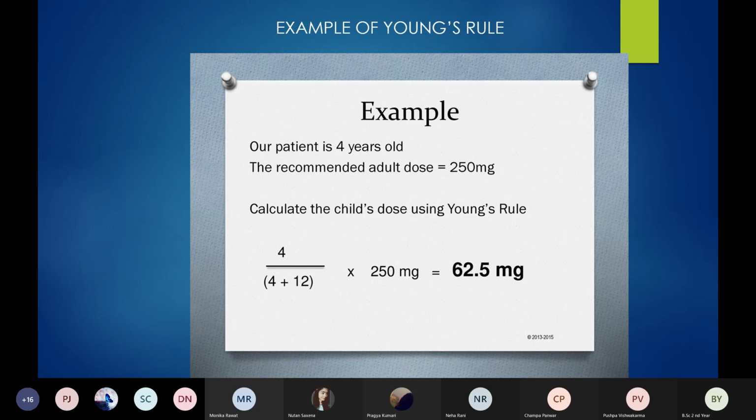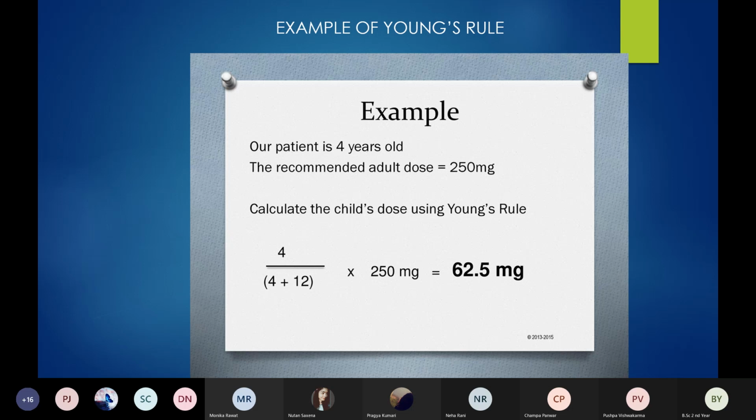So 4 divided by 4 plus 12, into 250, we will get 62.5 mg. In adults we are giving 250 mg, but the specific child who is 4 years old needs 62.5 mg. This is how you calculate the dose of the child if the age is in years.